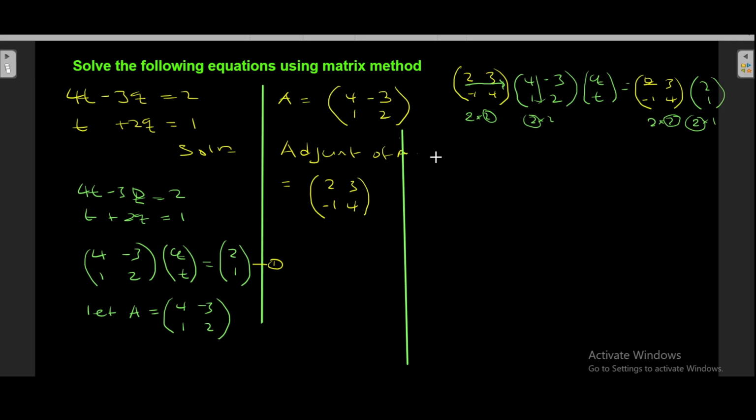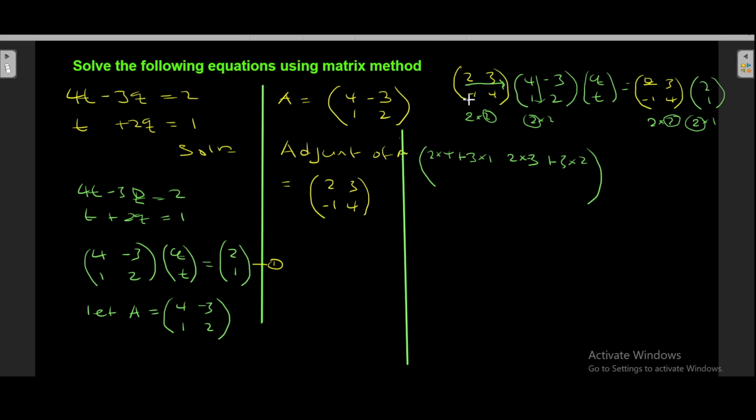Okay, now let me start with the multiplication. The multiplication is going to be 2 times 4, plus 3 times 1. We come to the next one, 2 times negative 3, and then plus 3 times 2, close the bracket.